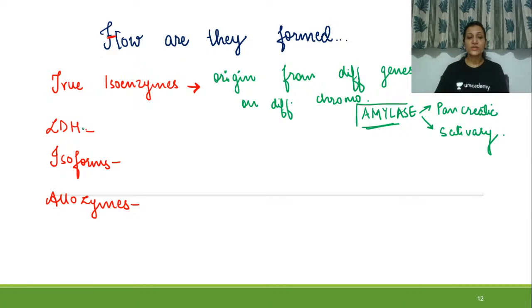Then coming to another example of how they are formed, that is LDH. So there are different isoenzymes of LDH, and all isoenzymes of LDH are present in all the individuals of the population.